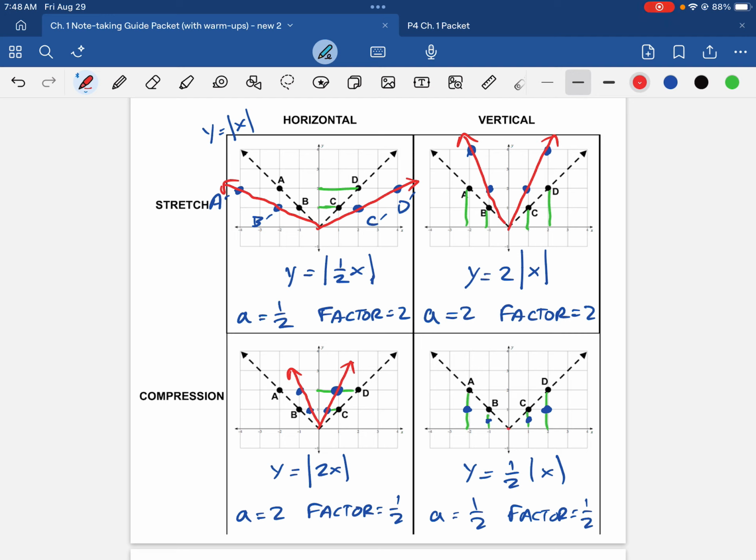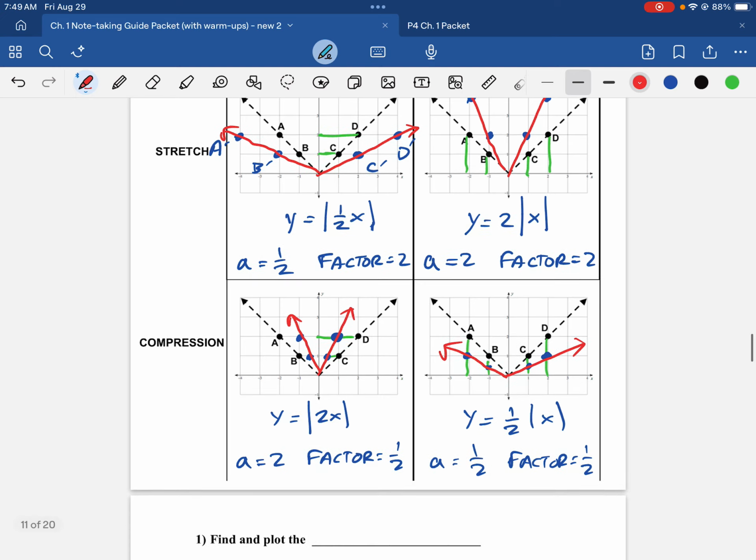When I take half of the heights, then I've got a V that's half as tall, or you can think of it as twice as wide if you want to think about it like that. So there's a little chart that might be helpful to get started on graphing problems.